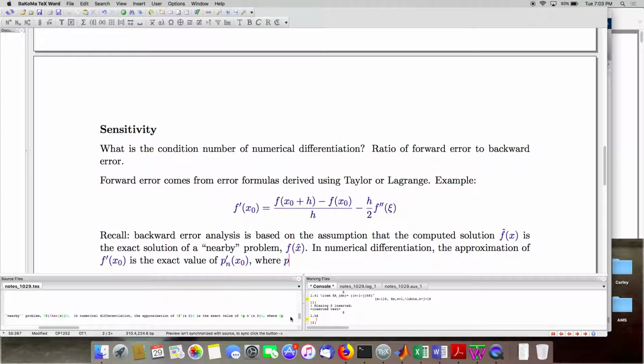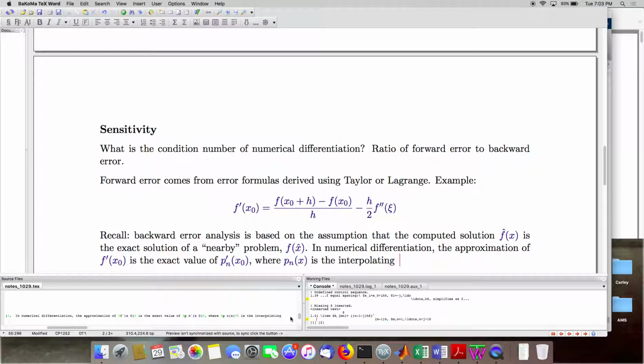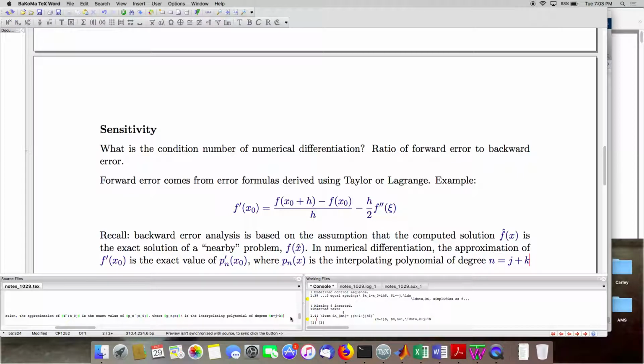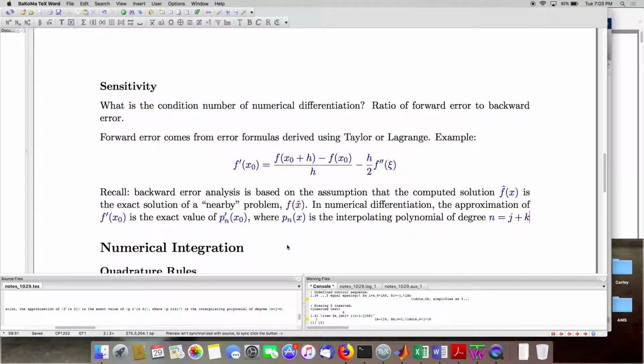Where Pn of x is the interpolating polynomial of degree n, which is equal to j plus k in this case. Okay, so what that means makes it very easy for us to get backward error in this problem.